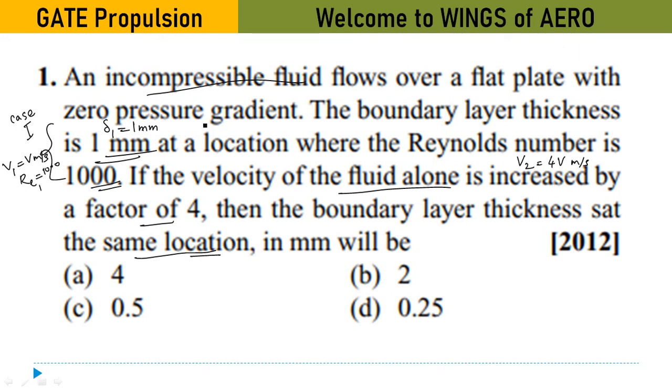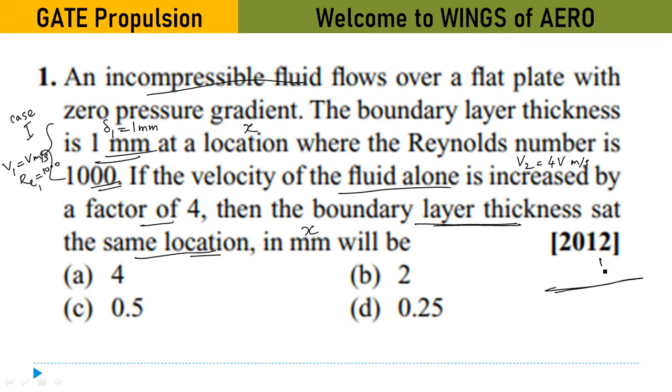Now I am increasing the flow speed to 4 times at the same location. How is it going to affect the boundary layer thickness? So here we have two cases. Okay, let's see whether we are getting the same answer or not.